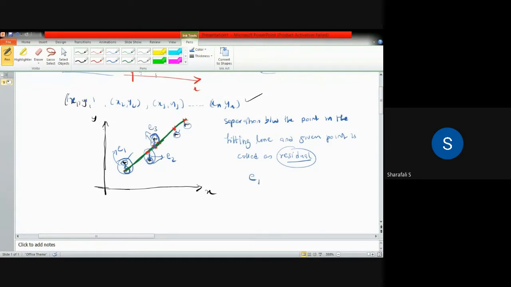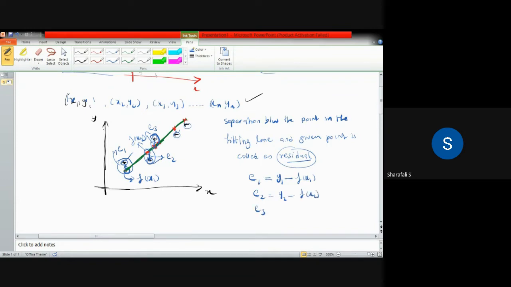So E1 will be the difference between these points. Let us consider this point on this line, which is f of x1, and this point on the line, which is f of x2, that is the y value at x2 on that line. Then E1 will be equal to y1, that is the given data point, minus f of x1, the point on that line, and E2 will be equal to y2 minus f of x2.